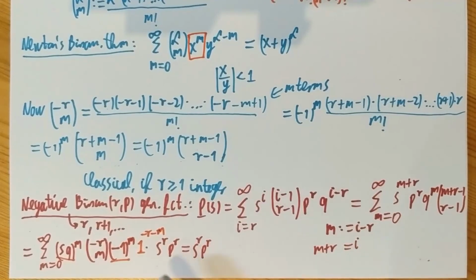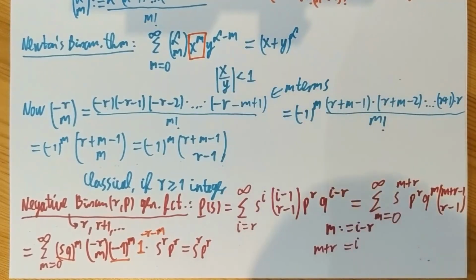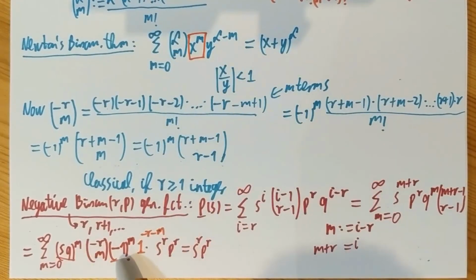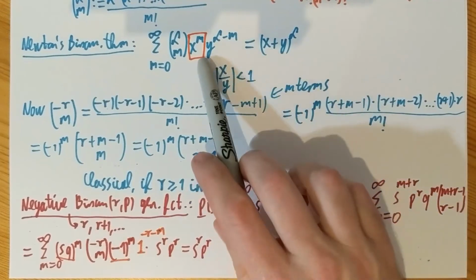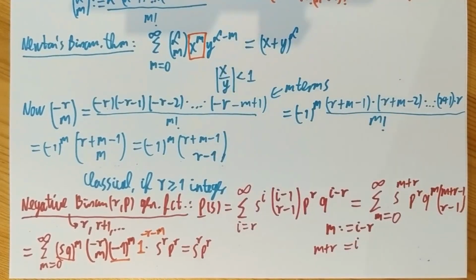Anything, 1 to any power is 1. So that will give me the y to the alpha minus m term. Okay, so that doesn't do any harm. And then I have the sum of alpha choose m, or minus r choose m, x, which is sq minus 1 to the m, and then y is 1, to the alpha minus m.